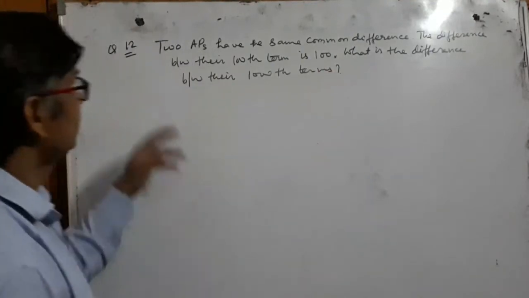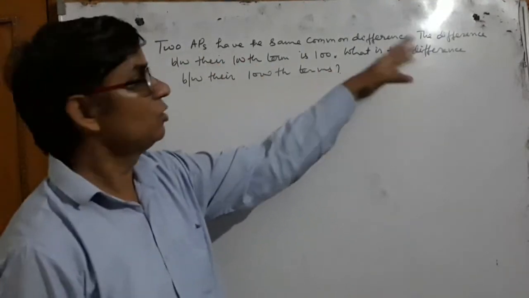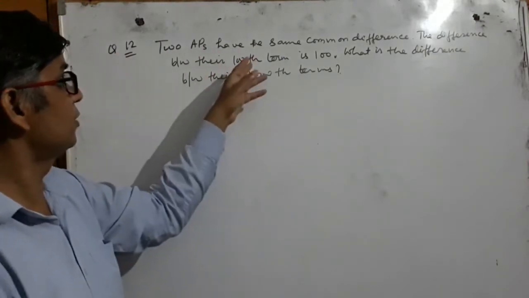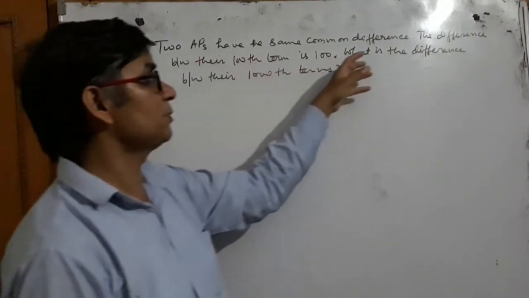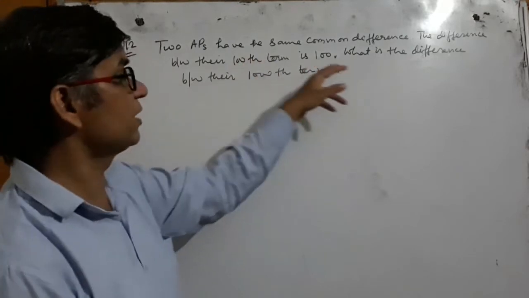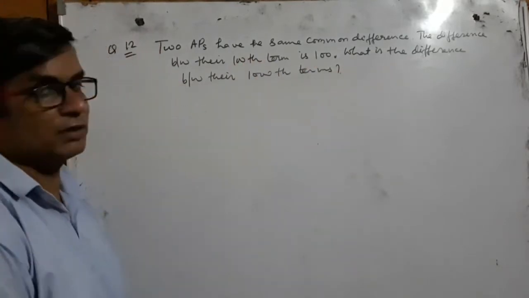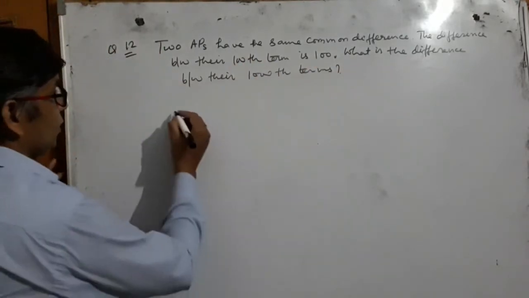Two APs have the same common difference, and the difference between their 100th terms is 100. What is the difference between their 1000th terms?